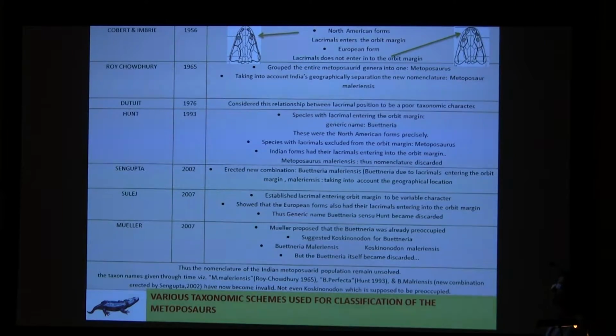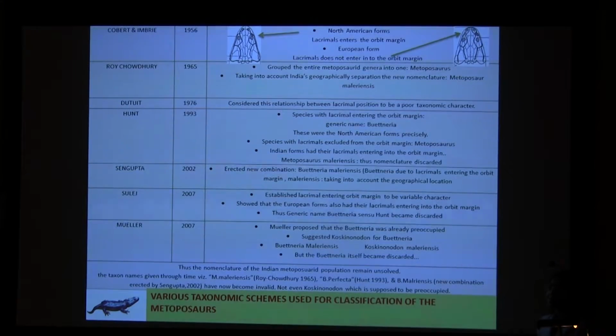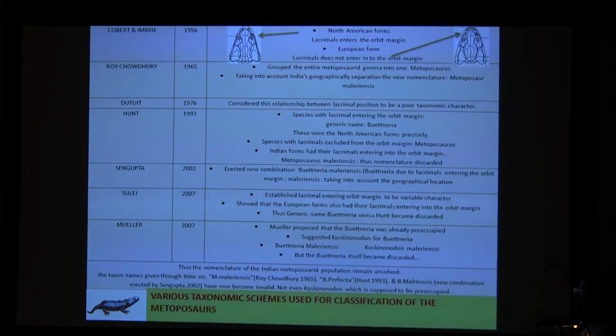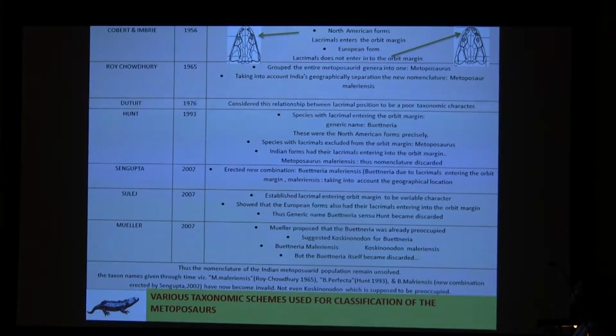However, later workers like Chaudhary and Dutuit suggested that the relationship of the lacrimal and orbit is a very variable parameter, and Chaudhary clubbed all the genera of the Metoposaurid into one, keeping the name Metoposaurid. However, people were enthusiastic to split the Metoposaurid once again, and Hunt in 1993 took the relation of the lacrimal to the orbit as an important parameter.